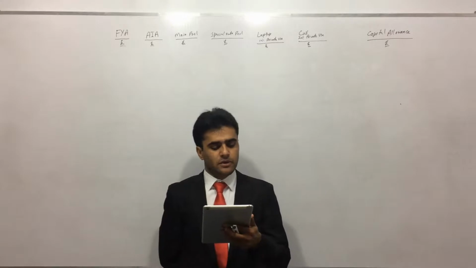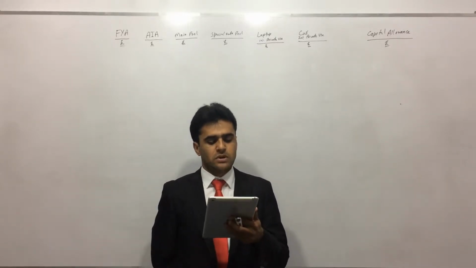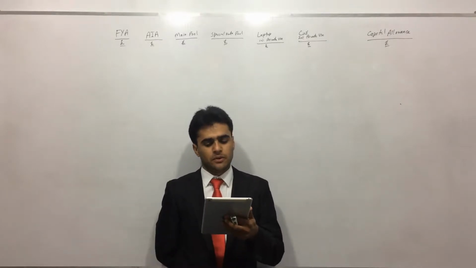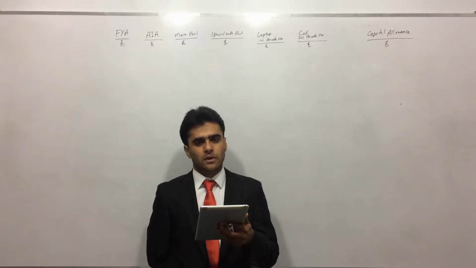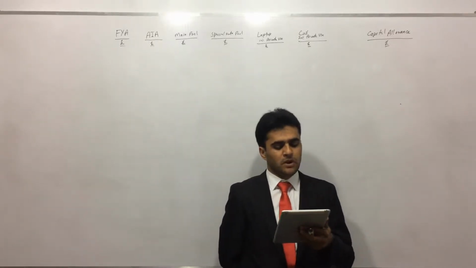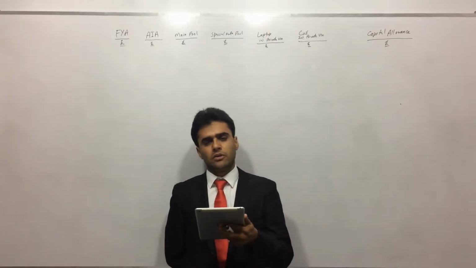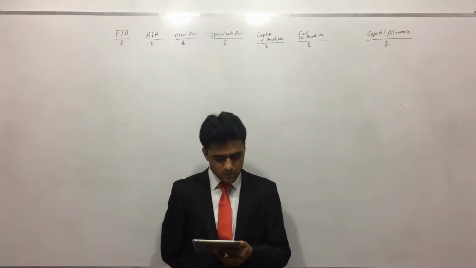It says James is a sole trader. The balances as at 30th June 2014 for capital allowances purposes were given as follows. This is the balance at the year end, so he has already given it to us. So this will be our opening balances, you can say.